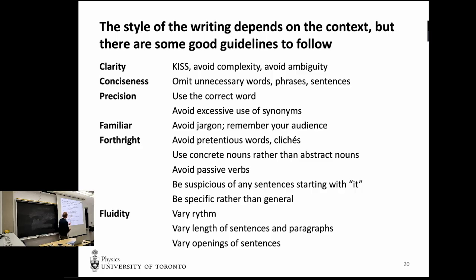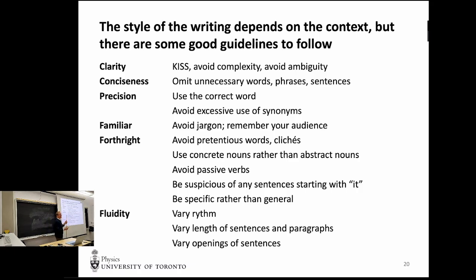Use concrete nouns rather than abstract nouns. A concrete noun is the oscilloscope; an abstract noun is an instrument, right? Okay, avoid passive verbs. What's a good example of a passive verb? "The measurement was made by" is passive. "We made the measurement" is active.